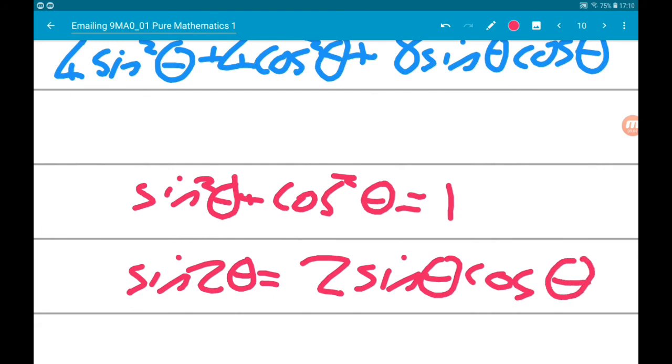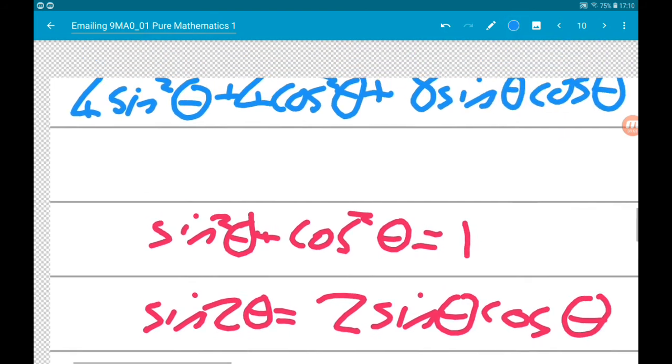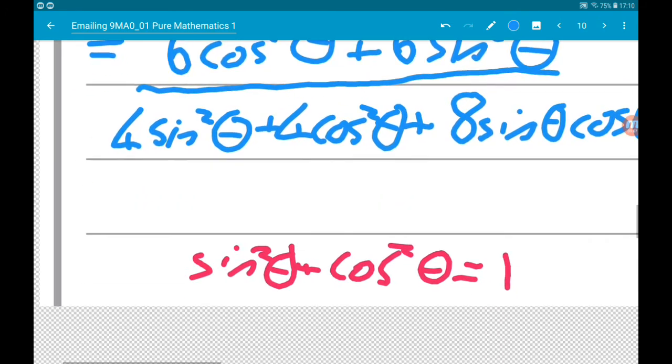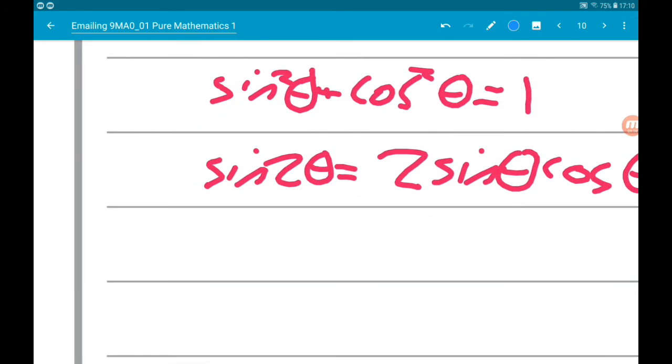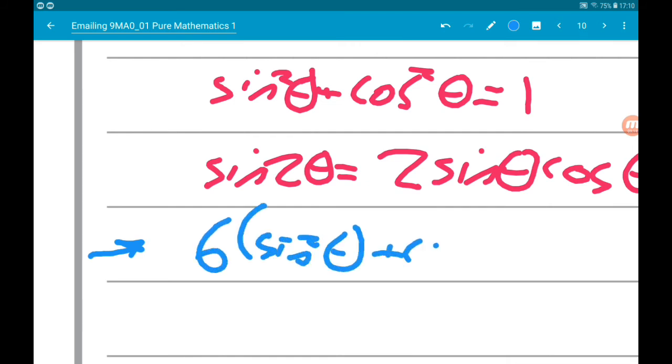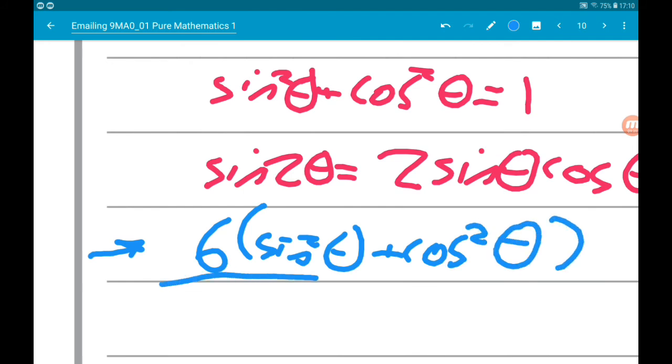So up on top, we can factorise. Say that we got 6 sine squared add cos squared. On the bottom, we can also do that.